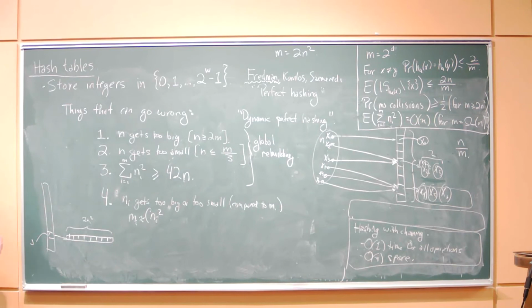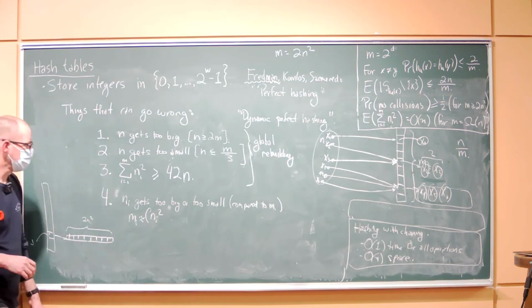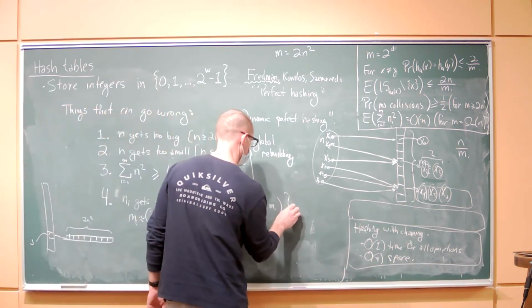Similarly, if you start deleting things and a whole bunch of stuff in this table disappears, so that it's much bigger than necessary, you can afford at some point to rebuild it from scratch. And again, that amortizes out over the deletions or additions that went inside this little table. So that's no problem. That's just a local rebuild.